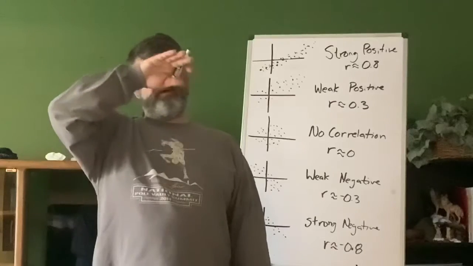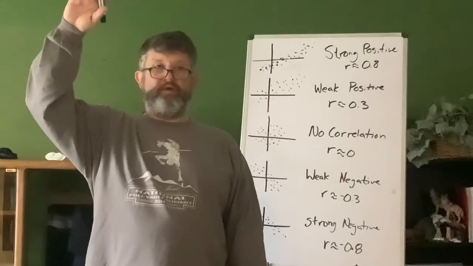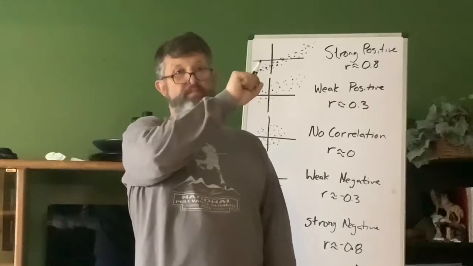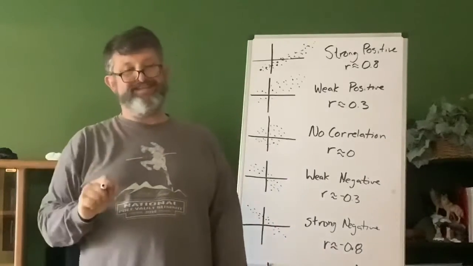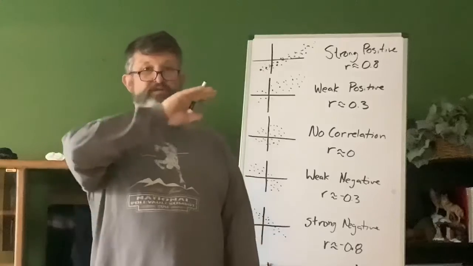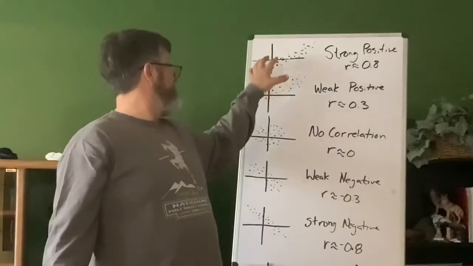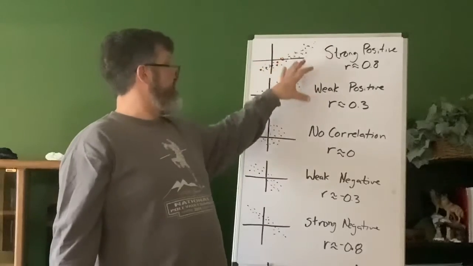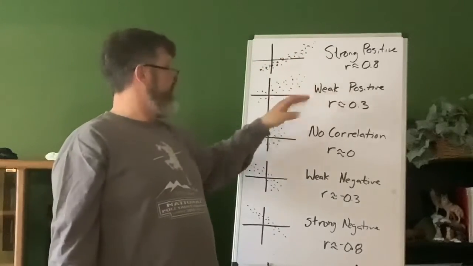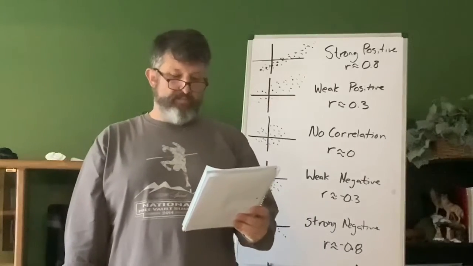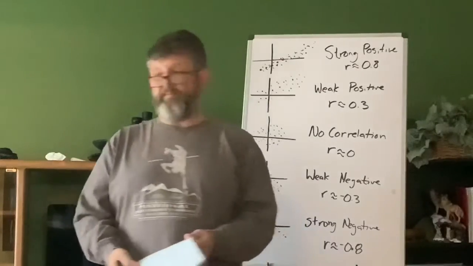At a certain point it's not going to stay positive, but for somebody who does no math, their ACT score is definitely going to be lower. Somebody who does more hours of math, their ACT score is going to rise. So there's going to be a positive correlation there, whether it's strong or weak positive. It kind of depends on the person. Those are some of the things I've talked about for positive correlation.